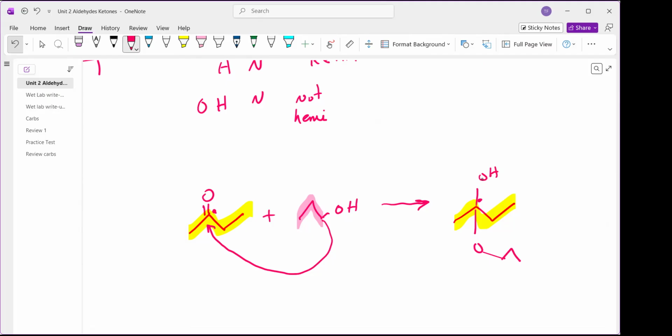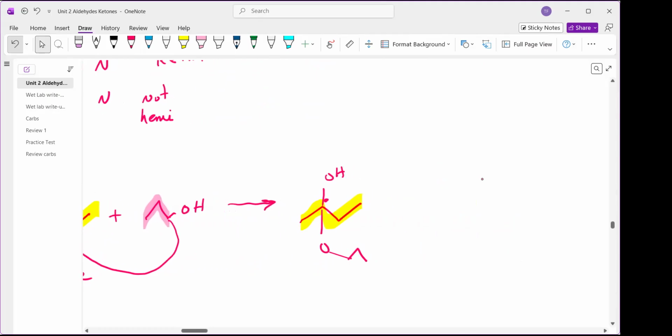So what do we have now? And we're starting with a ketone here. So that means we're going to be creating a ketal. And what did we just create? Well, let's analyze it. OCO, yes.